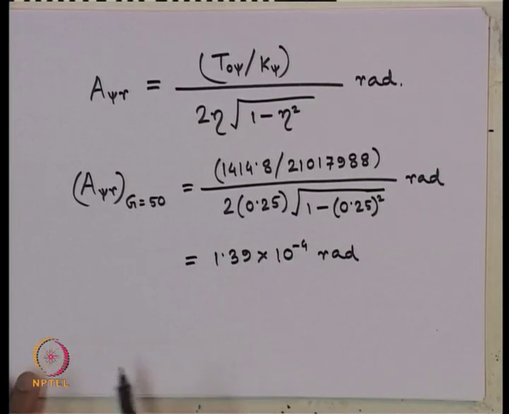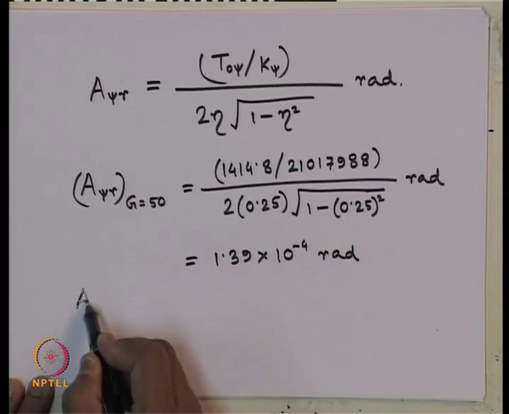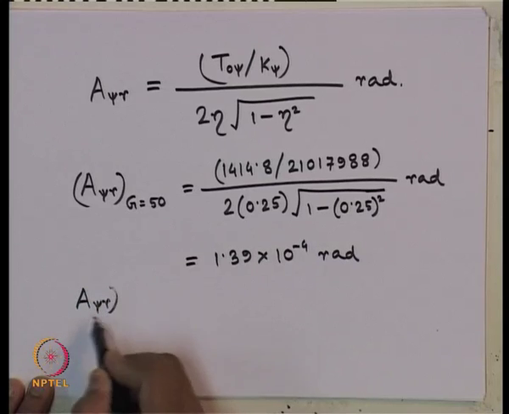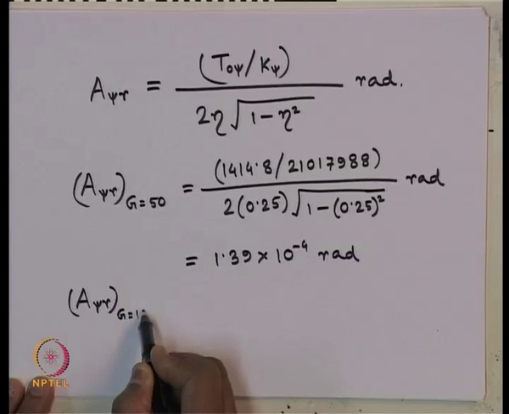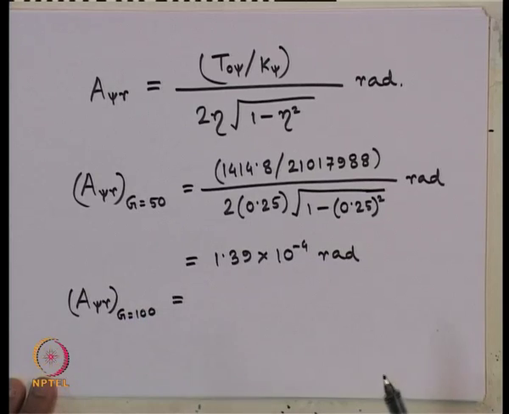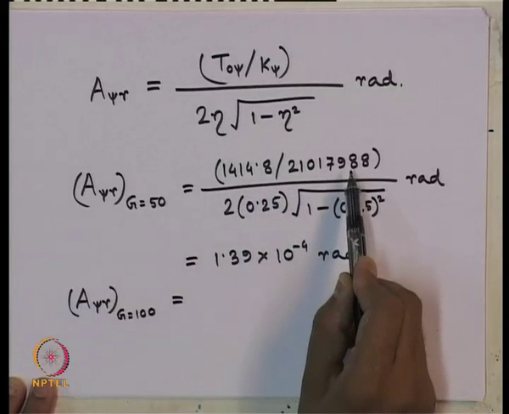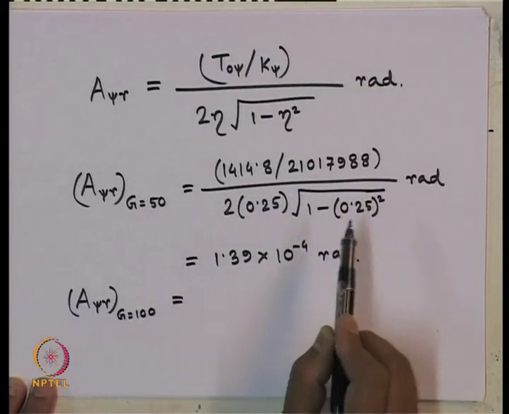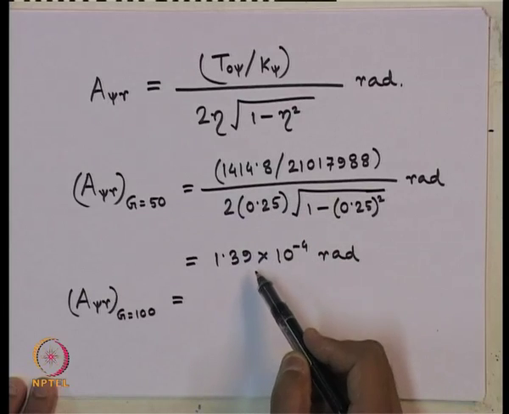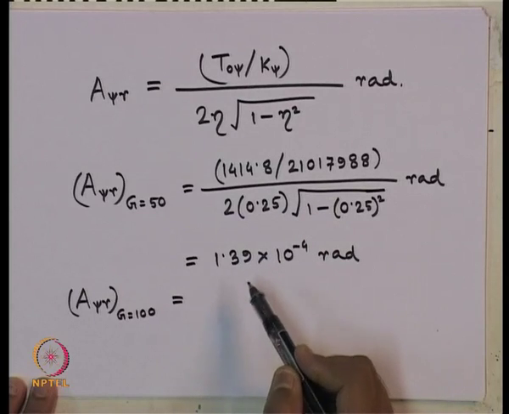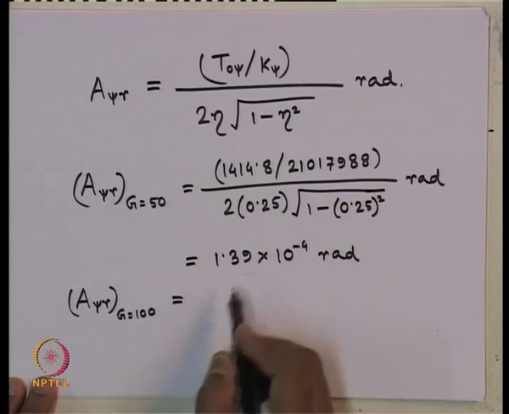Okay. And for the other two cases, at G equals 100, this remains the same, k psi will become double, this remains the same. So, it will basically decrease linearly by half from this value.